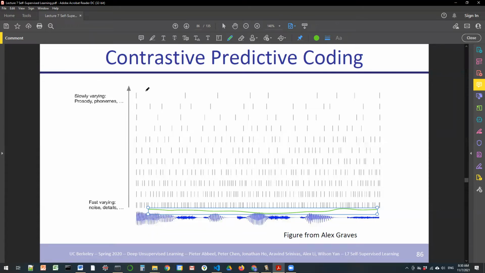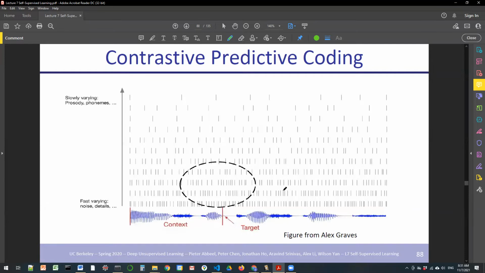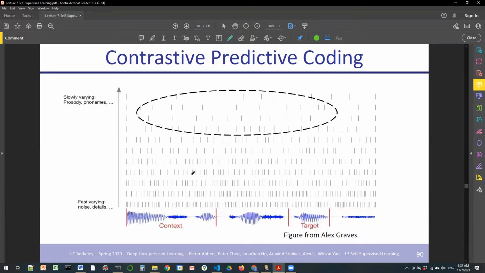So the things in this space are high frequency signals in the sense that they vary quite often. Whereas as you keep progressing, you tend to come to the space where the signal is much more semantic.